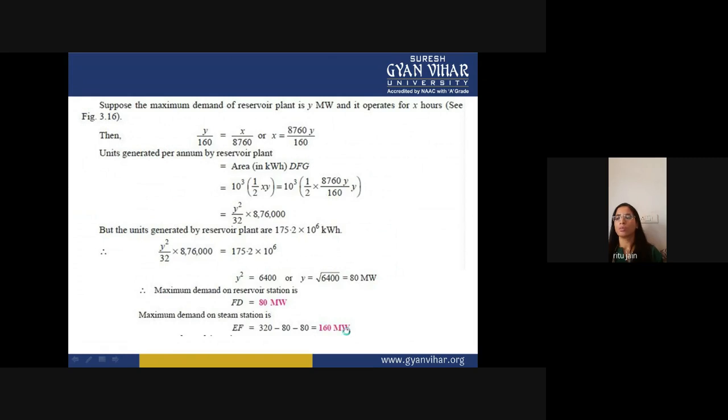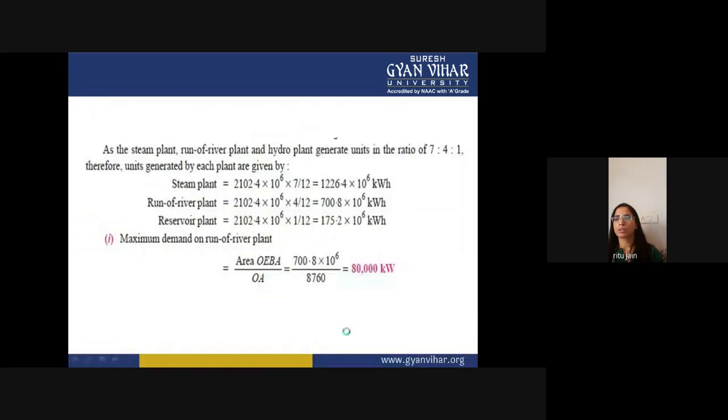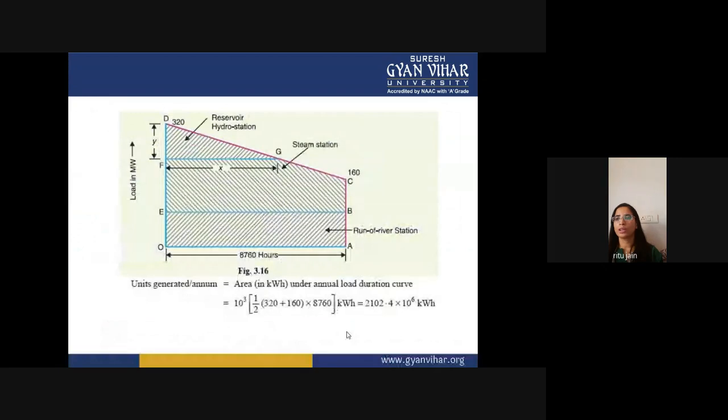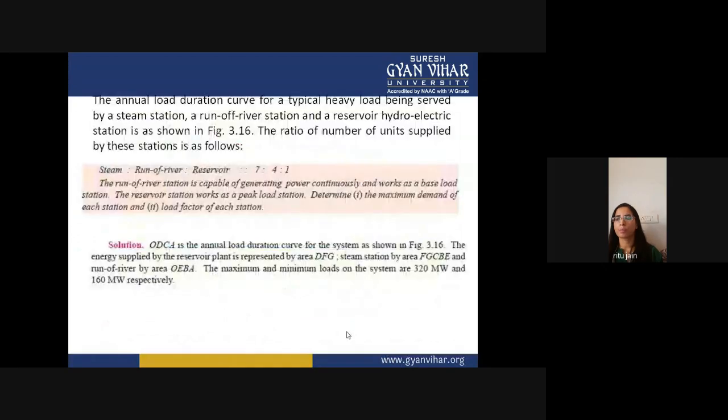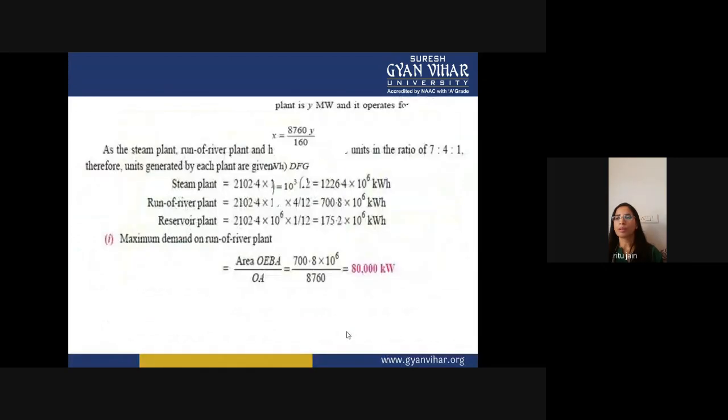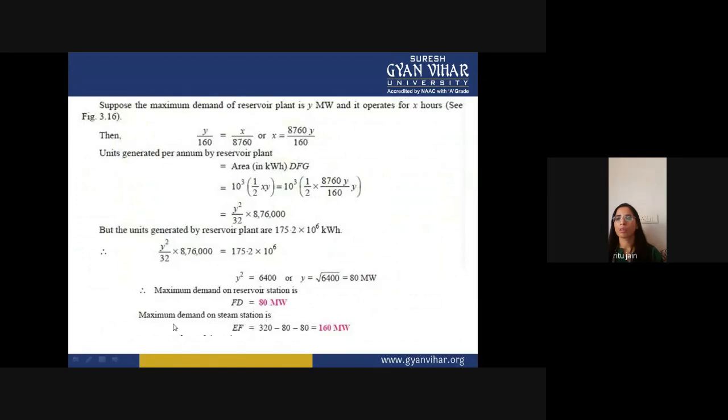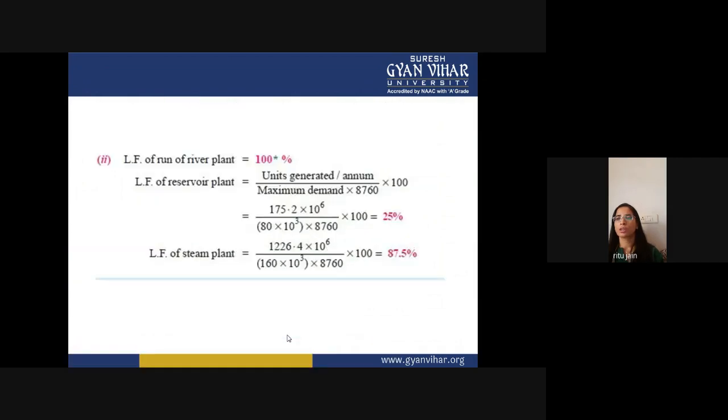This is your 160 megawatt, which can be calculated by this curve. So you can easily calculate the maximum demand of the steam station and the maximum demand of the reservoir station.